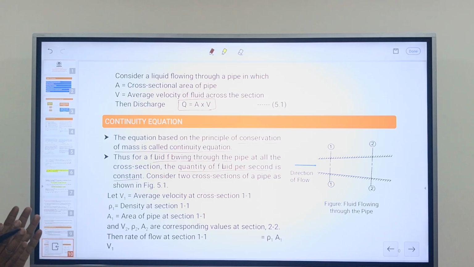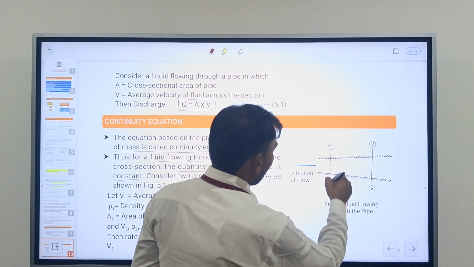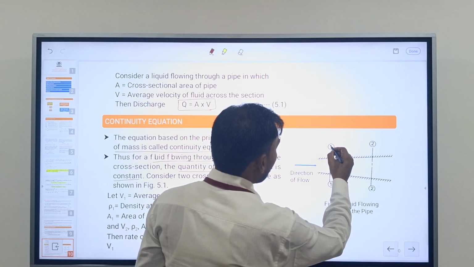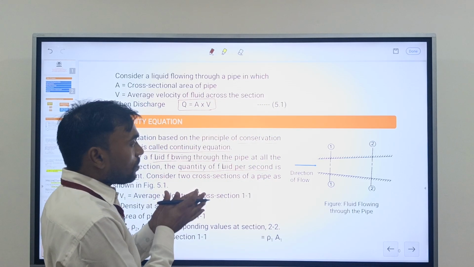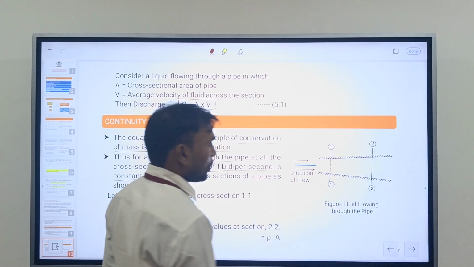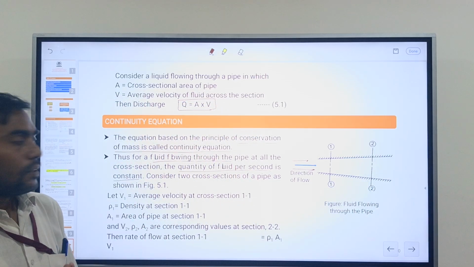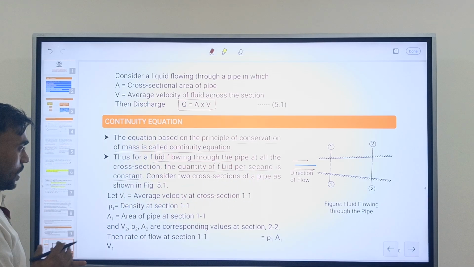If we consider a section of pipe at different sections, suppose this is the section 1 and this is the section 2. So suppose fluid is flowing through this pipe. So at any section, the quantity of fluid flow per second is constant.